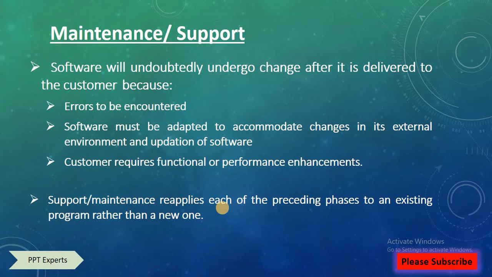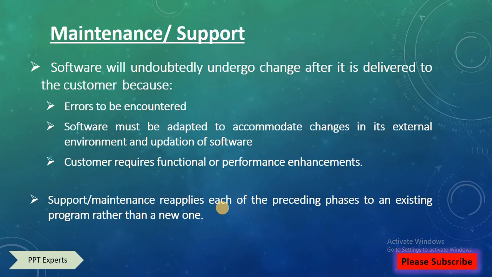So support maintenance reapplies each of the preceding phases to an existing program rather than a new one. So we will upgrade the software rather than building a new software. This phase helps in maintaining the software and providing support to the software.